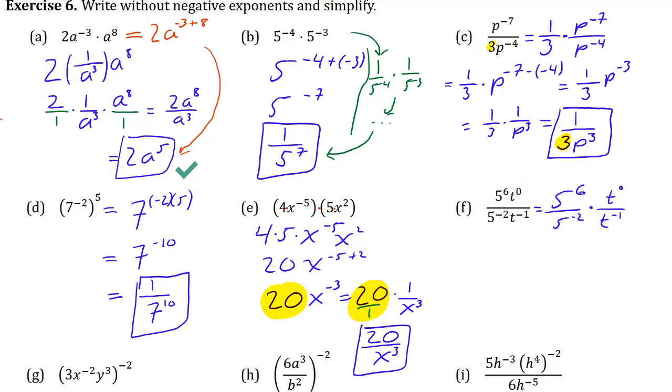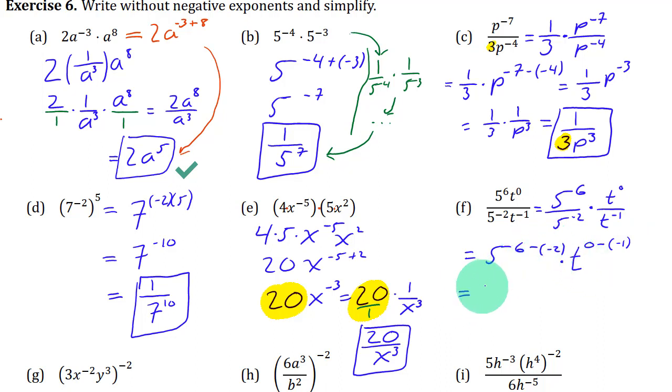And 5 to the 6 over 5 to the -2, you can subtract those exponents. So that would become 5 to the power 6 minus negative 2. 6 minus negative 2 is 8. But then let's deal with this other part here. 0 minus negative 1 becomes t to the 0 minus negative 1.